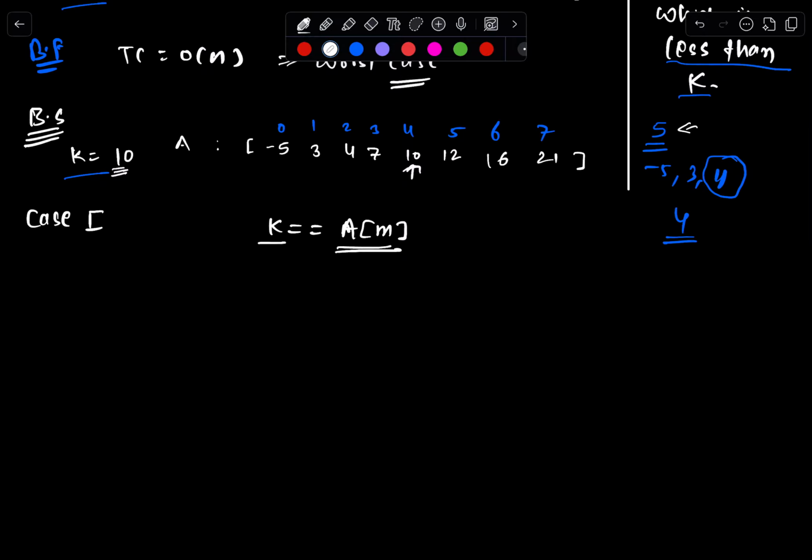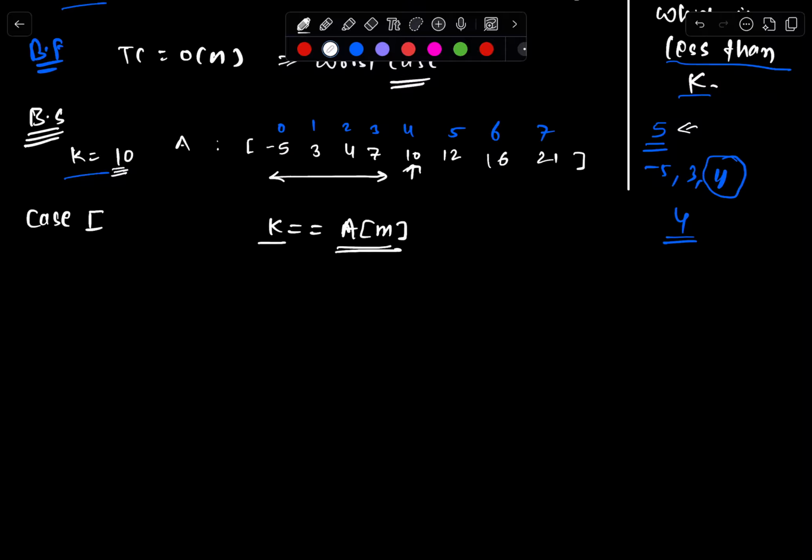Because we have to find the smaller ones. Okay. And if we have to find the smaller ones, what do we have to do? We have to search on the left side. Do you agree with this case? We have to search on the left side, right?